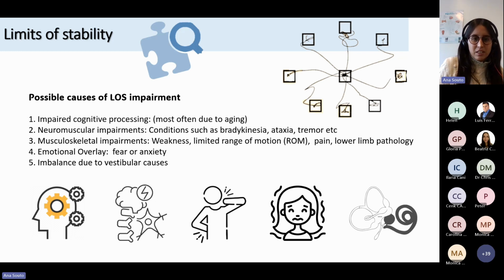You have the reaction time, and this reaction time is always slow, but all other parameters are good. So this person is afraid and cautious with movement, and this is also something that we need to address and treat. And of course, imbalance due to vestibular causes.